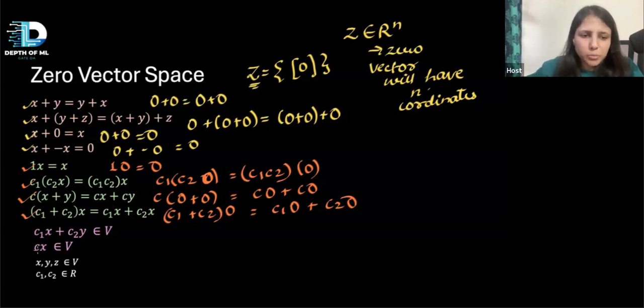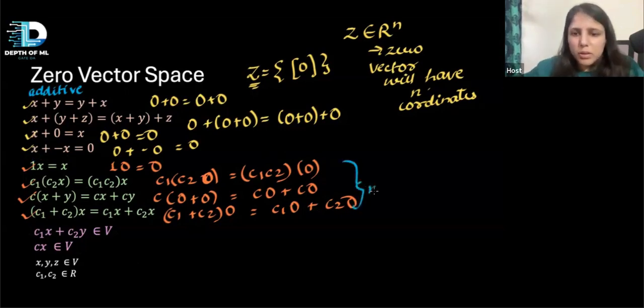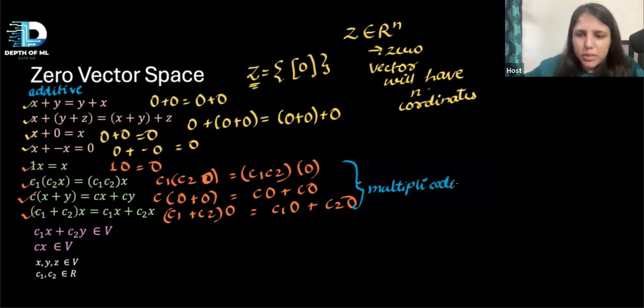Now only two properties are left, which are called the closure properties. So I should maybe write this also. These are additive. These are multiplicative. Okay, I'll write them later. The only thing I now have to check for this to be a valid vector space is whether the closure property is satisfied.